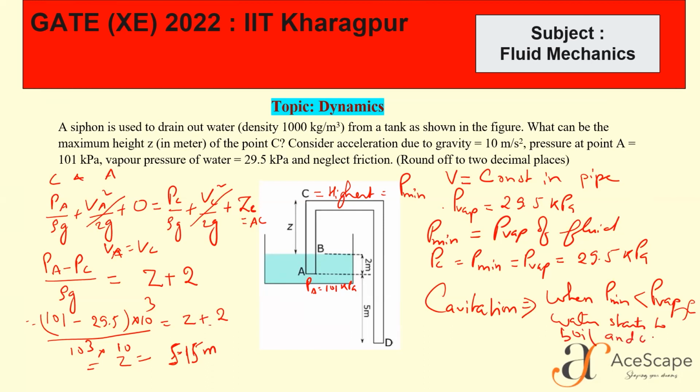And when these bubbles collapse, it erodes the surface. So this is a phenomenon that we actually try to avoid. So this is the solution for this question, 5.15.